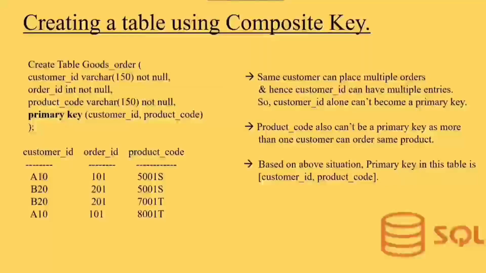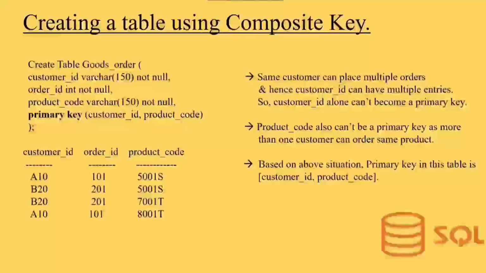Here you can see customer ID A10 is having two rows with order ID 101 and 101, but the product code is different. You can see 5001S and 8001T. So the same customer can place multiple orders, right? And hence customer ID can have multiple entries. There can be a third row, fourth row of the same customer ID. So customer ID alone cannot become a primary key.